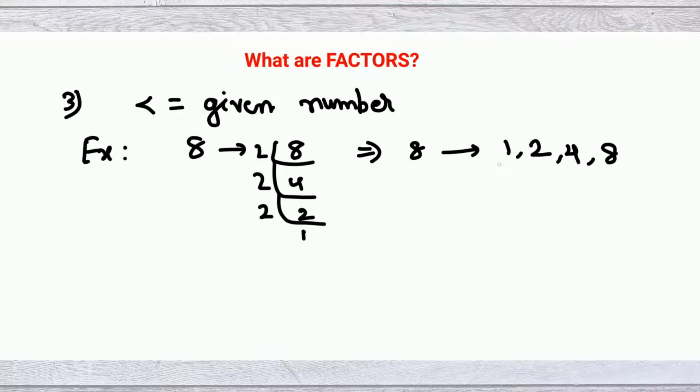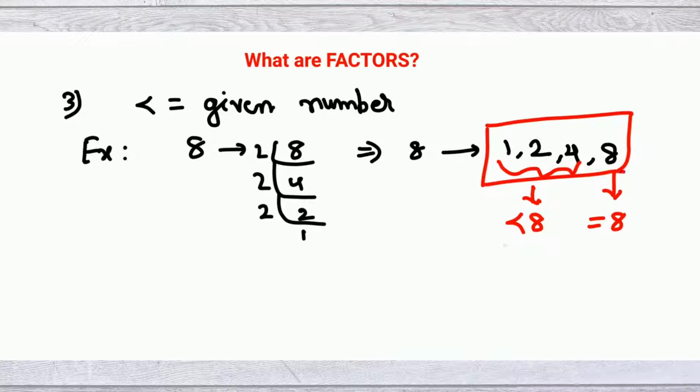Here you can see all these three numbers are less than 8 and this is equals to 8. So, complete factors are either less than or equals to given number.